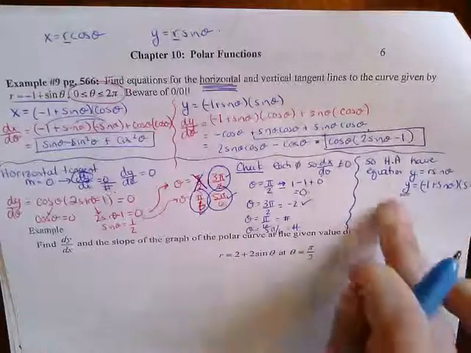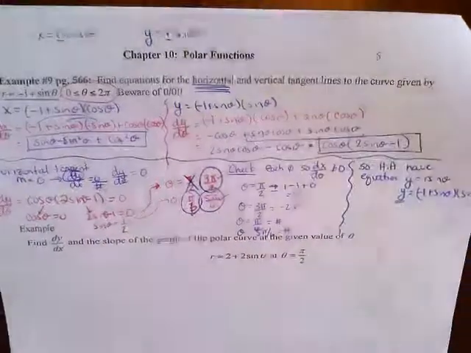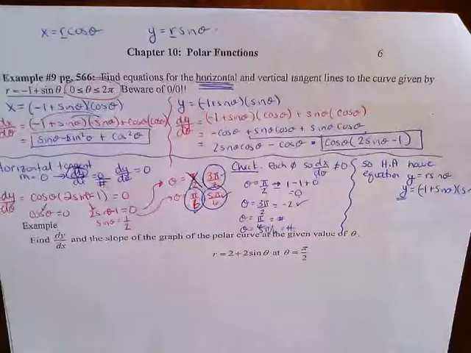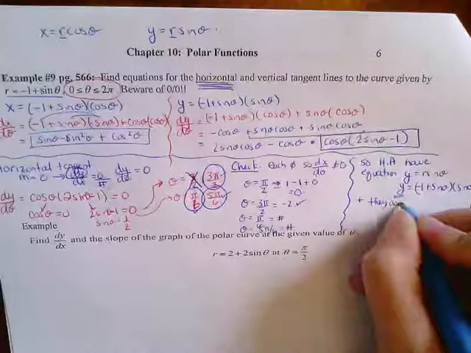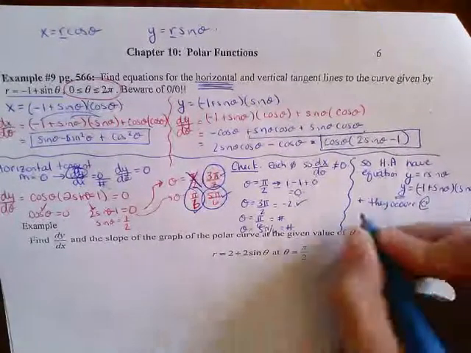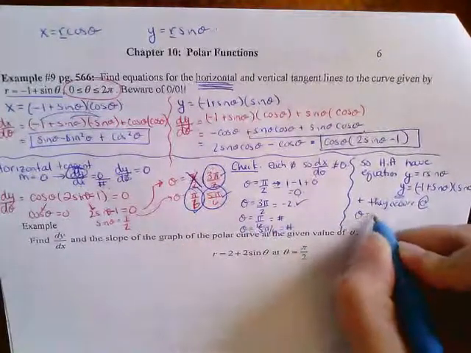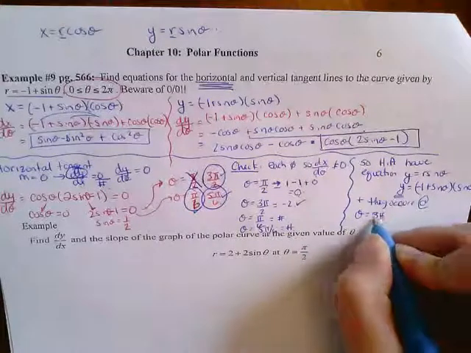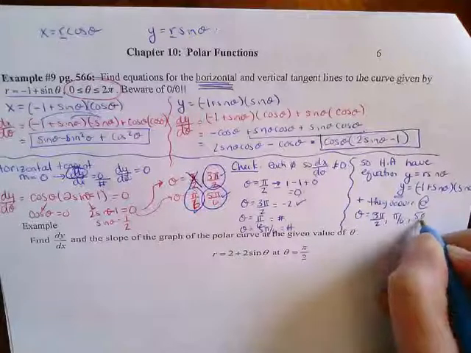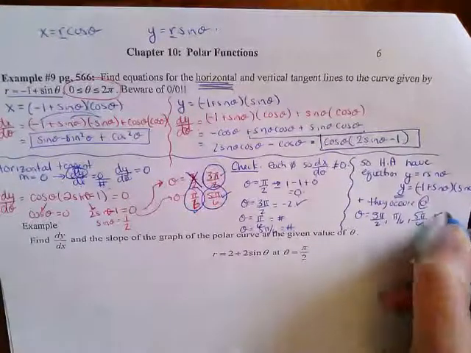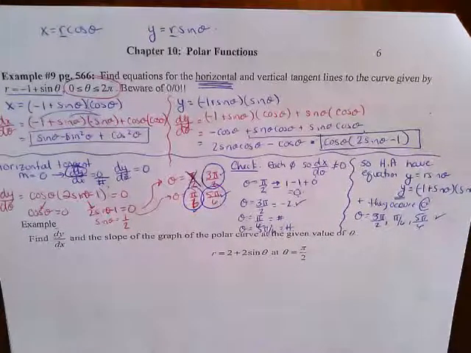Because our horizontal tangents deal with the y. And they occur at 3 different thetas: theta equals 3 pi over 2, pi over 6, and 5 pi over 6. Agree? So this is where my post-its come in.